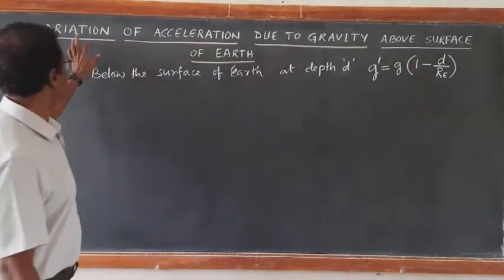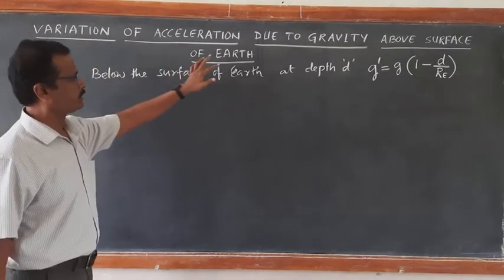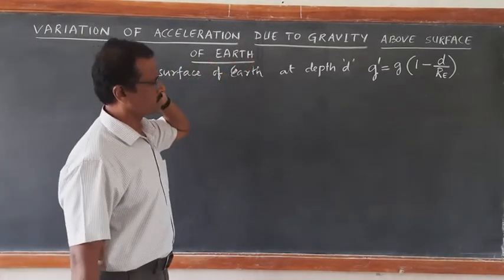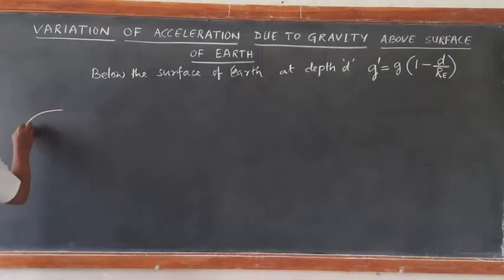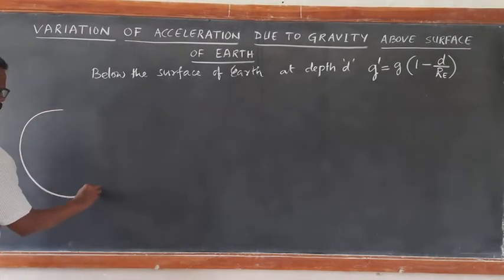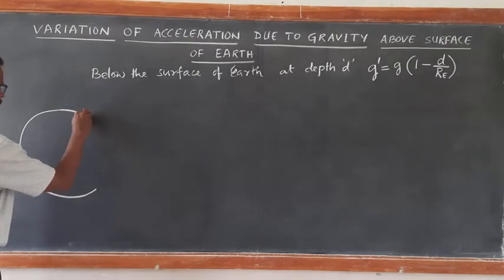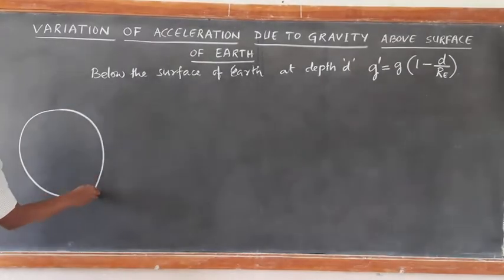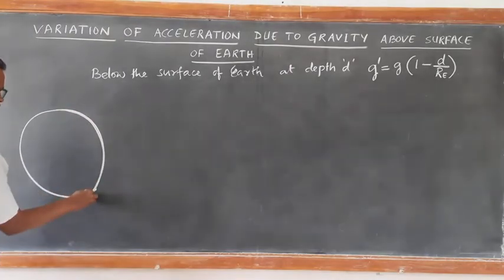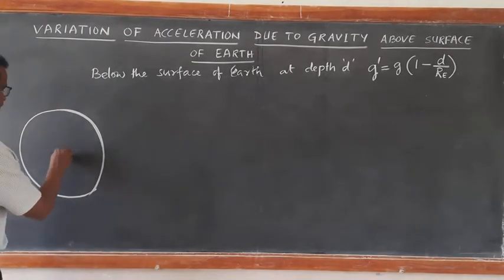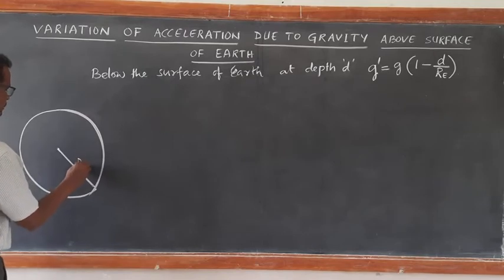Today we shall learn about variation of acceleration due to gravity above the surface of the earth, right? Consider the earth to be a sphere of radius Re.